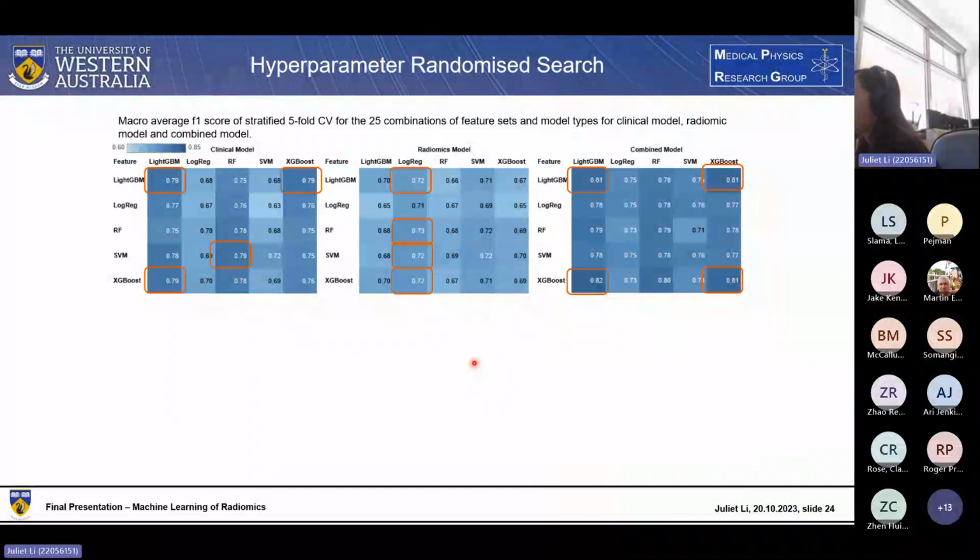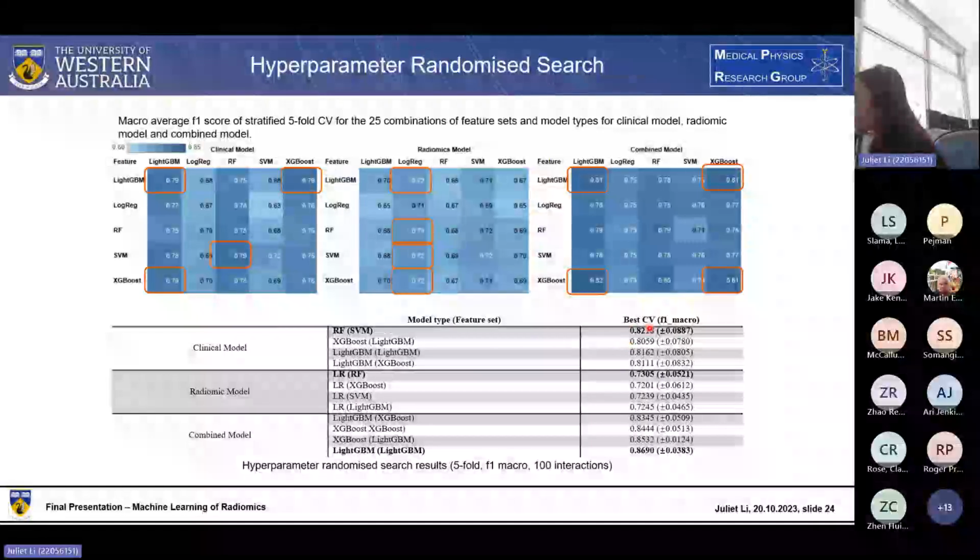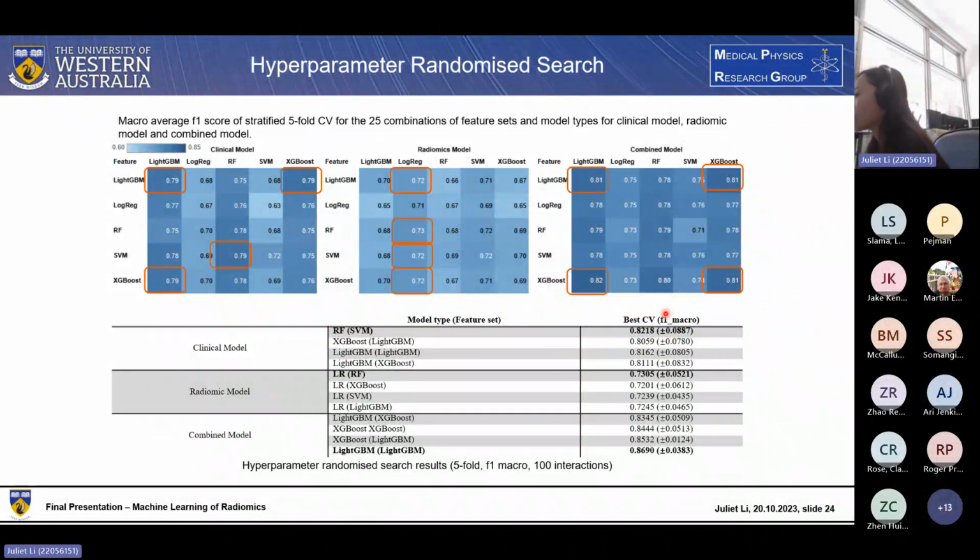So we mix and match our feature sets and our classification models, and we find the best combinations. For each of the clinical, radiomics, and combined models, we find about the top 4 models in each category. We performed hyperparameter grid search for each combination, and then found the combination that gave the highest cross-validation results after the hyperparameter search, which is a randomized search with 100 iterations.